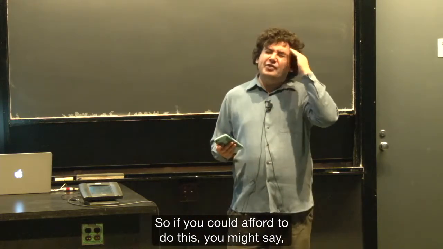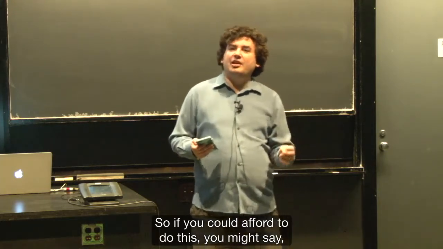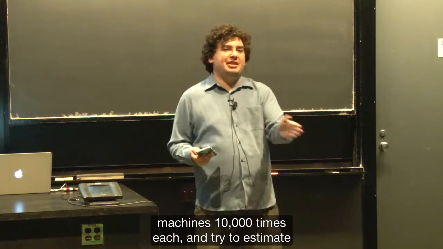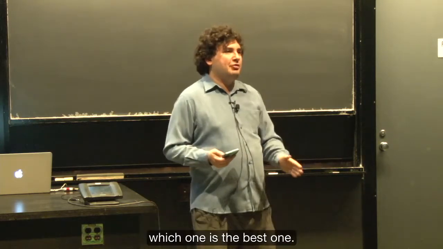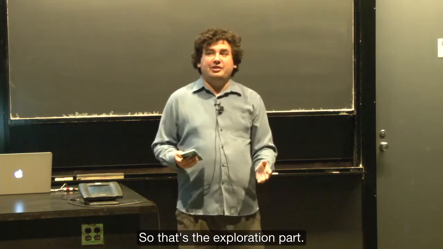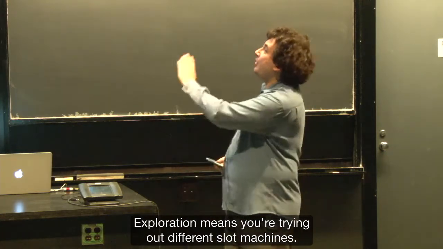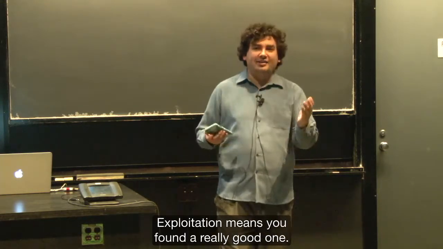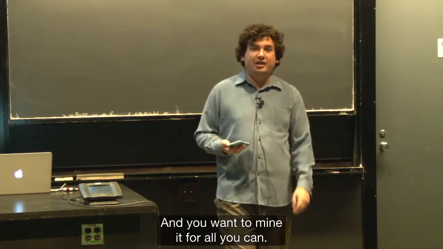If you could afford to, you might pull the lever on each of these slot machines 10,000 times each, estimate which one is the best, and then just start doing that one over and over. That's the exploration part. Exploration means you're trying out different slot machines. Exploitation means you found a really good one, and you want to mine it for all you can.